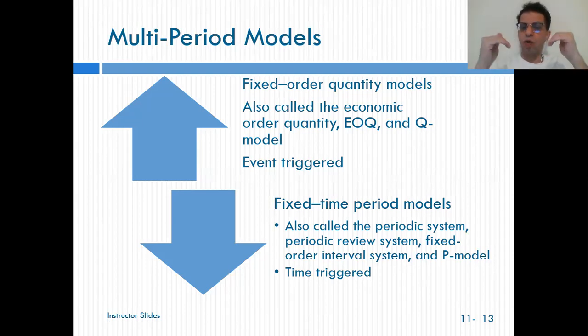And then you have a fixed time period model, also called a periodic review system, fixed order interval system, or a P model, because it is a periodic system. And it's a time trigger. So every 3 months, you check the warehouse and you buy the missing part or the amount that is lowered.